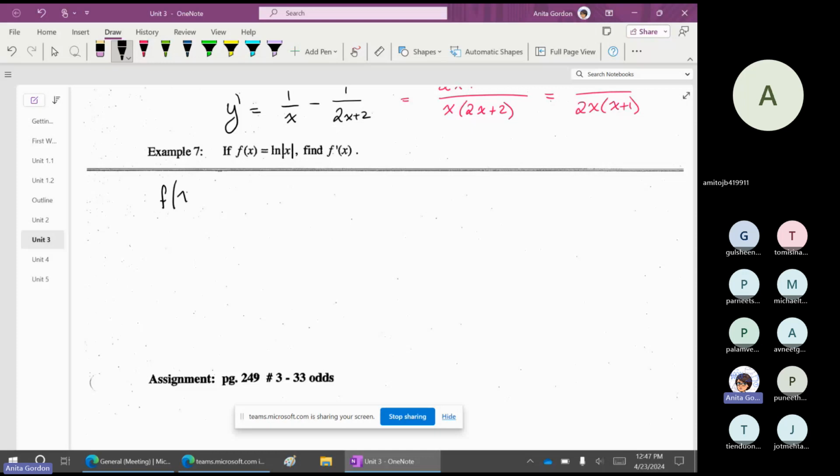This is a piecewise function. This is saying I have ln of x if x is positive. I guess it can't really be 0, so let me just do that part. And then it's ln of negative x if x is negative.